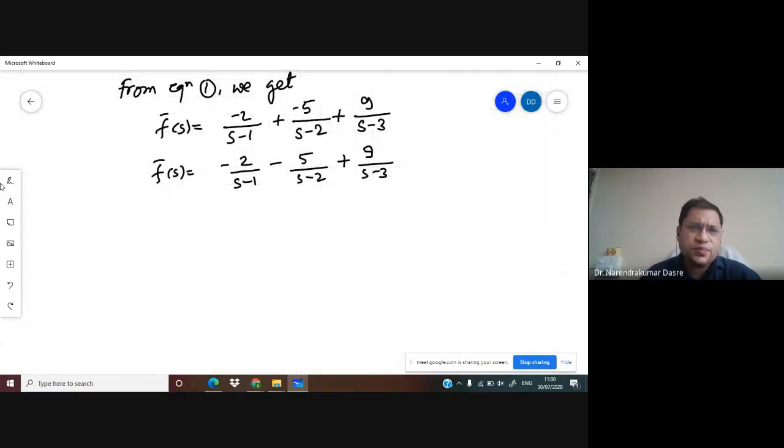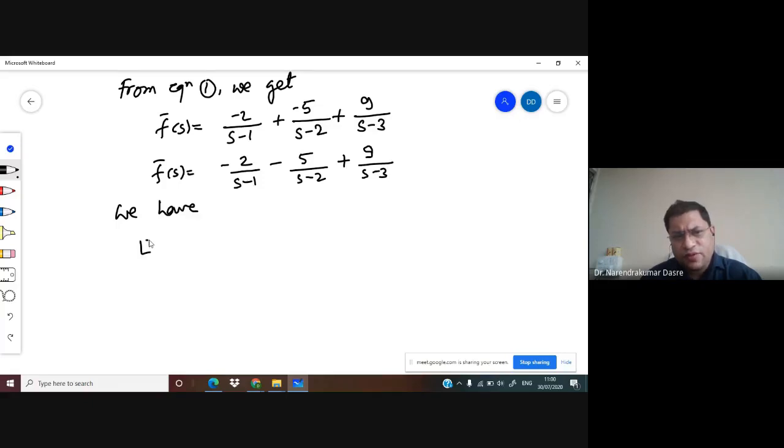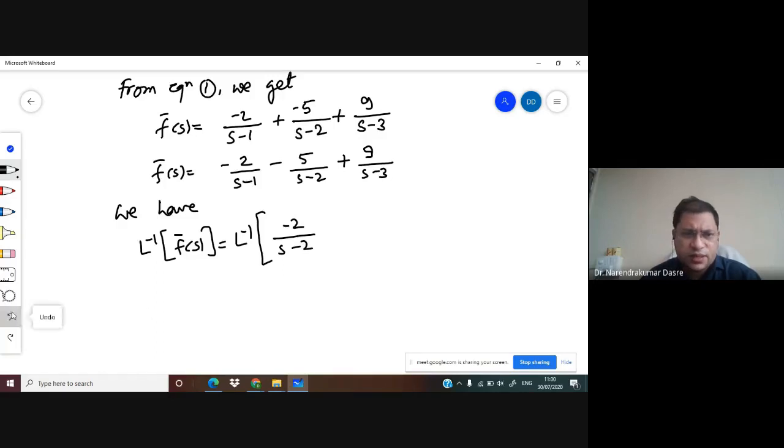So this is the simplest form of the function f bar of S, and hence we are able to apply the inverse Laplace transform. So we have inverse Laplace transform of f bar of S is equal to inverse Laplace transform of minus 2 upon S minus 1, then minus 5 upon S minus 2 plus 9 upon S minus 3.